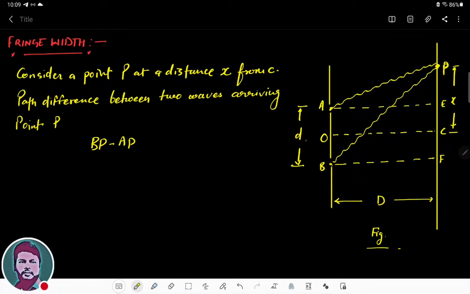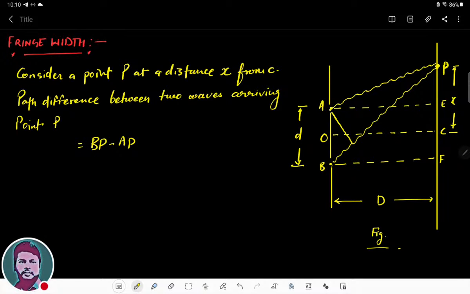If we draw a line perpendicular on this, this is the distance that the point on B has to travel more. What is the distance? That is BP minus AP. So we have to find the path difference.